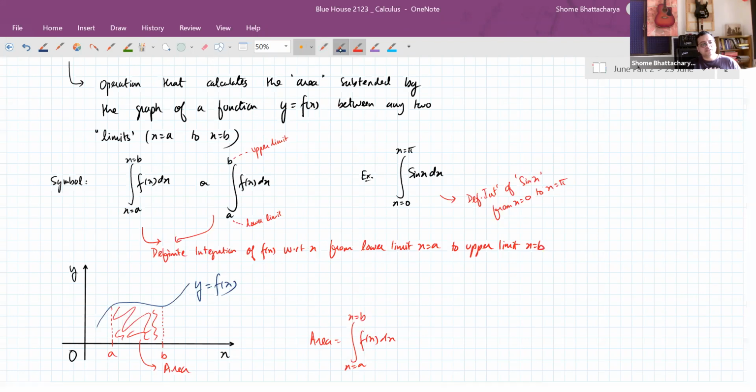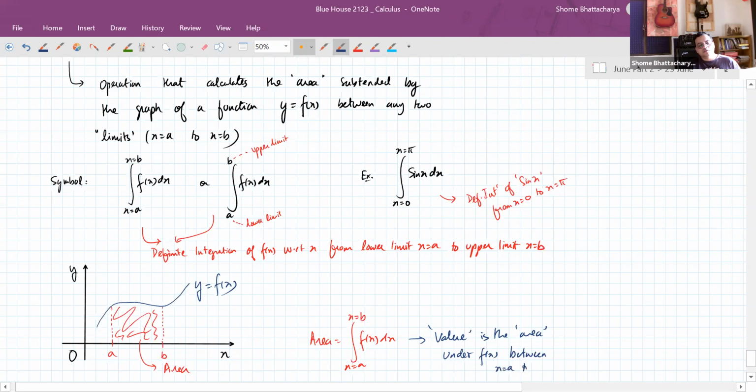This definite integration gives us its value, which is the area under f(x) between x equal to a to x equal to b, this area.